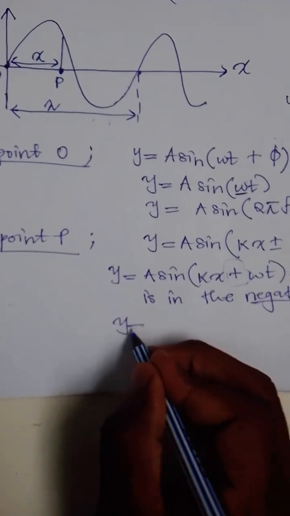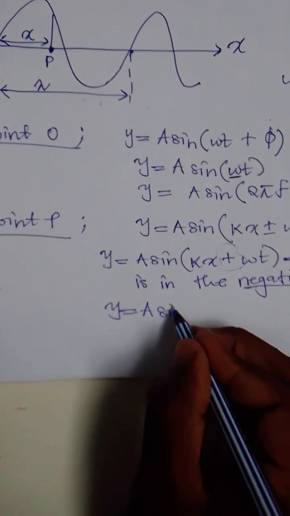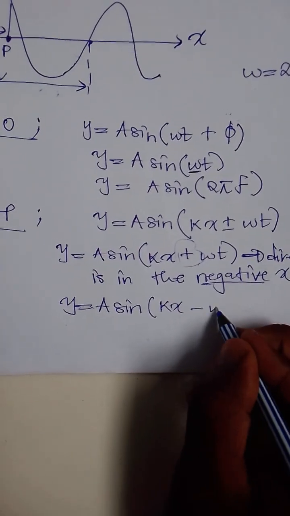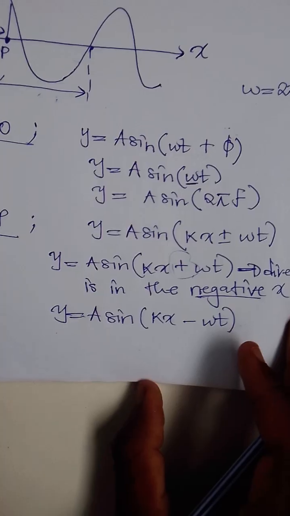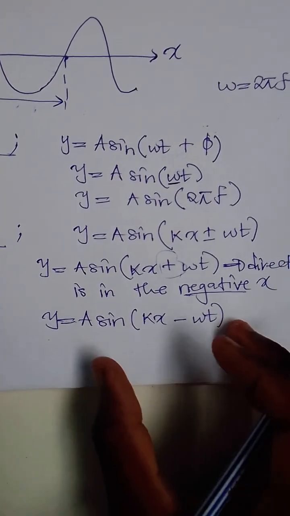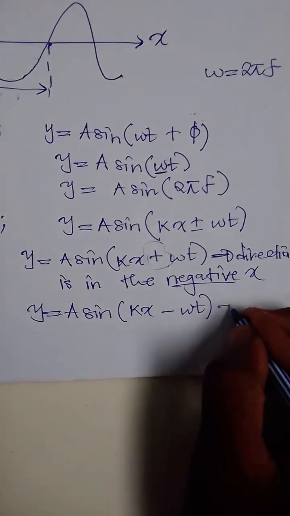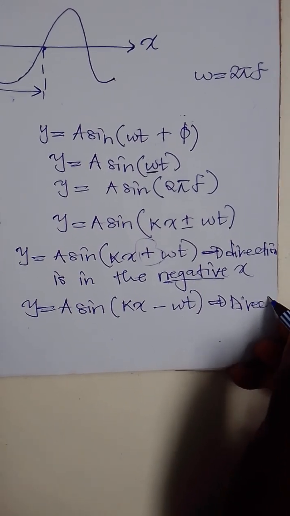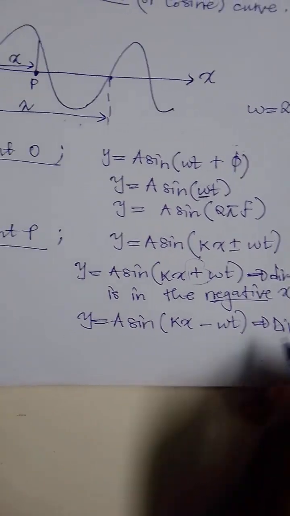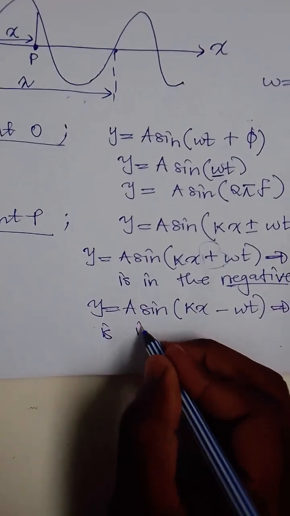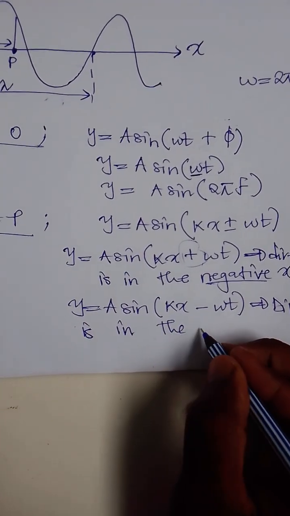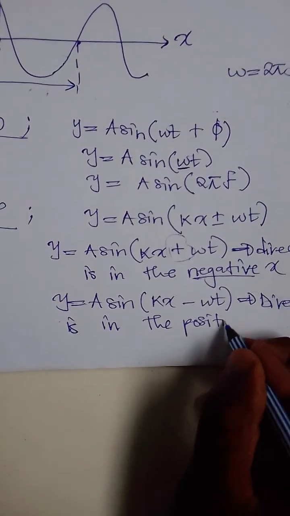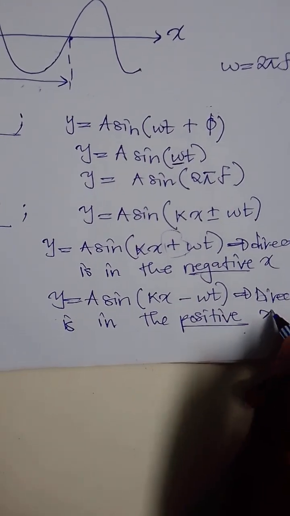And if it's a sine kx minus wt, then if they ask you to tell which direction the wave is going to, just say the direction is in the positive x.